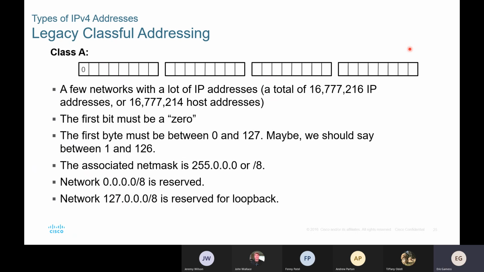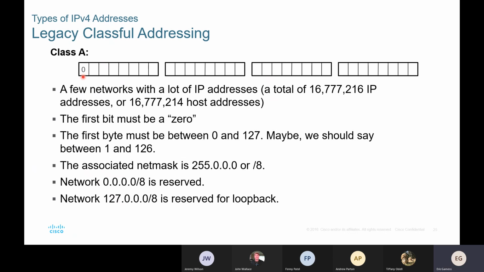So I'm going to start with class A IP addresses. Remember that an IP address is an integer number of 32 bits. So 8, 8, 8, 8: the first byte, second byte, third byte, fourth byte. If an IP address belongs to class A, the first bit will be a 0.